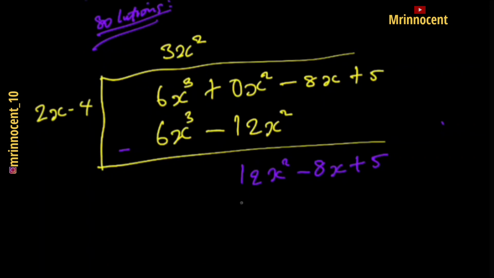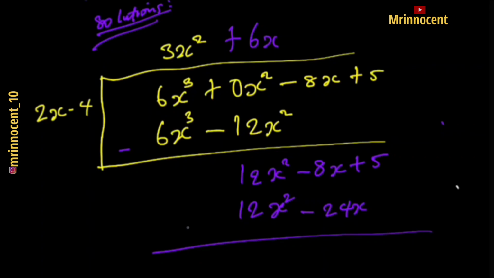2x divided by 12x power 2 is plus 6x. 6x times 2x is 12x power 2. 6x times 4 is minus 24x.